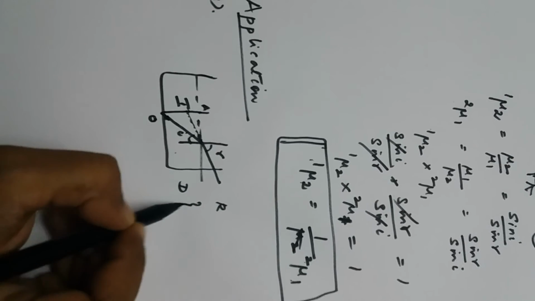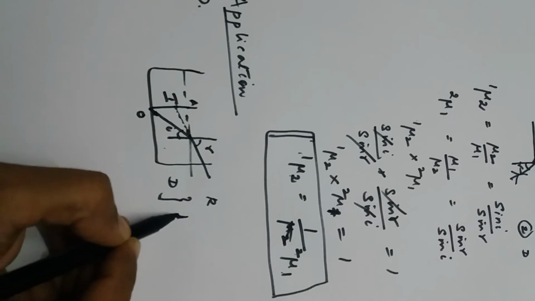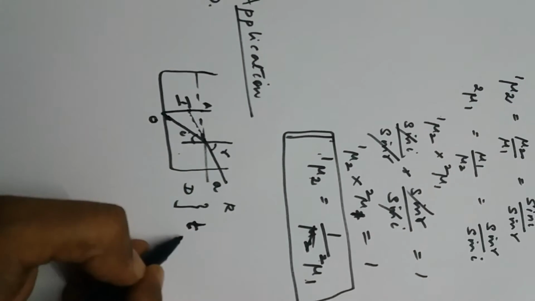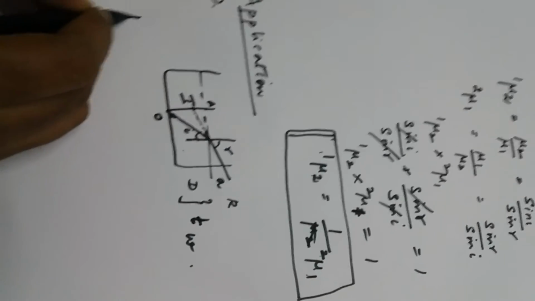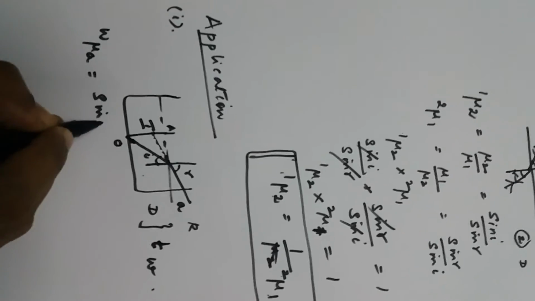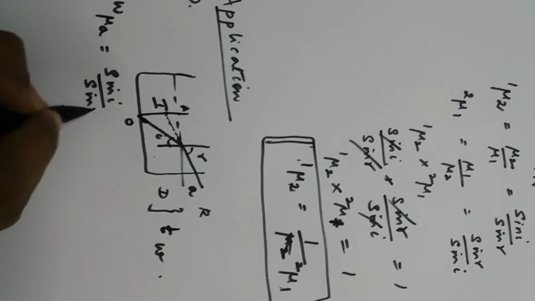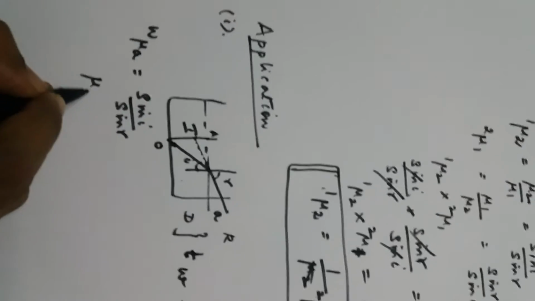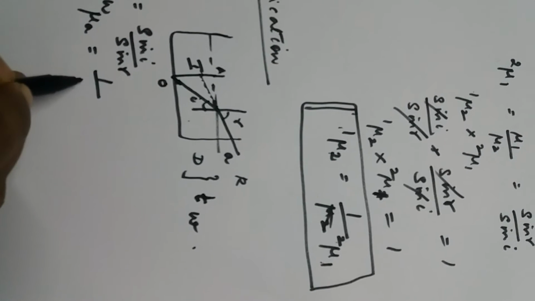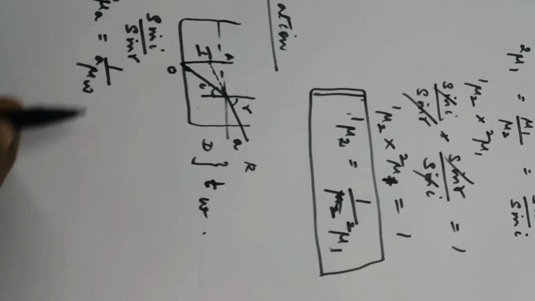And if T is the thickness, or the depth at which you have the water level, A is the air and W is the water, then we get the refractive index of air with respect to water as sin I by sin R. But using the principle of reversibility, we can get the refractive index of air with respect to water when we know the refractive index of water with respect to air.